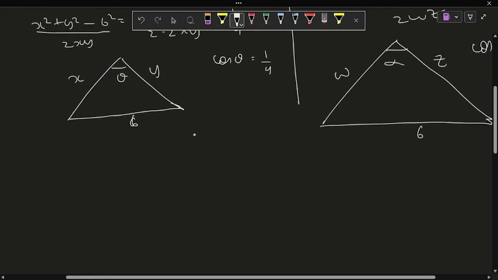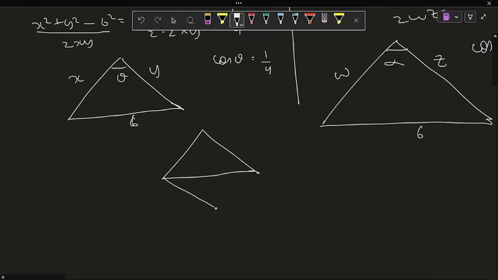So we can probably convert it into something like this, where this is the common side as 6, this is theta, this is alpha, this was x, this was y, this was w, and this was z.